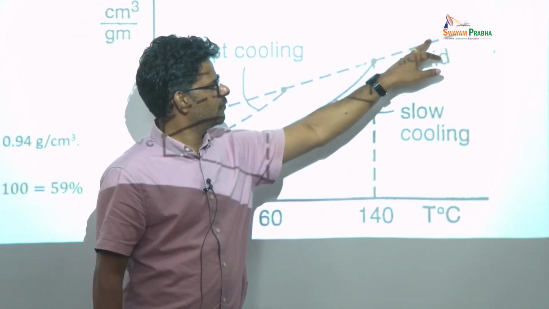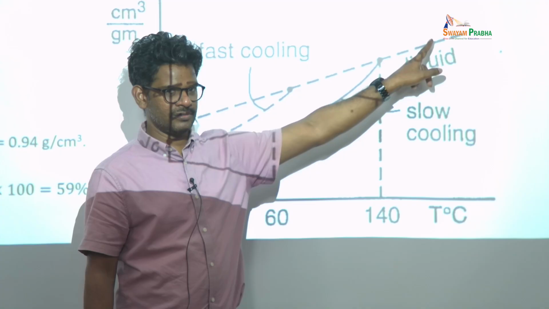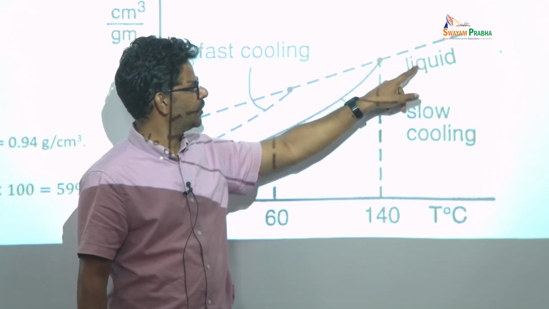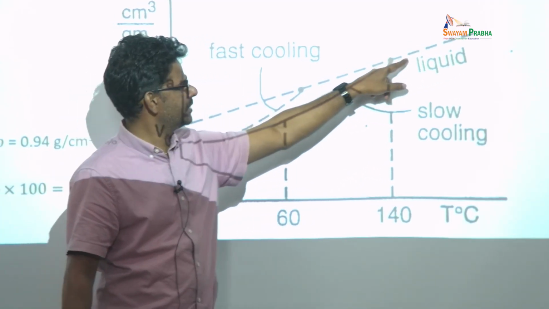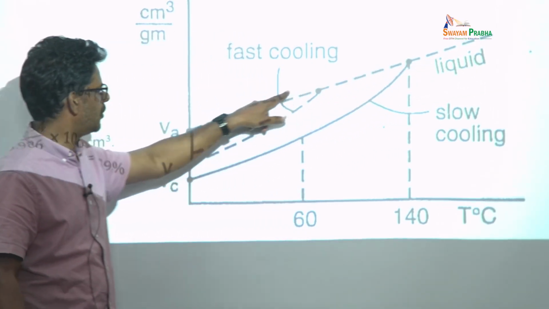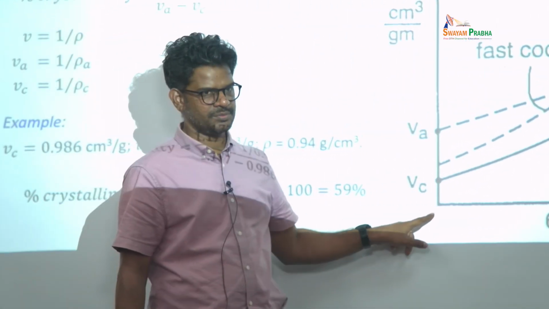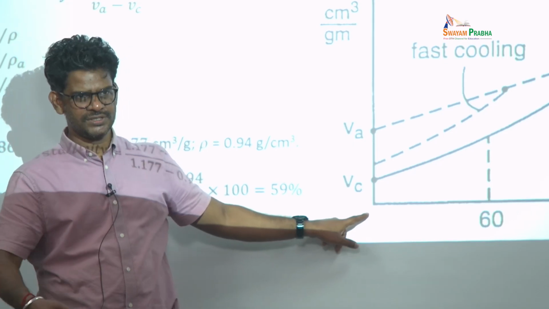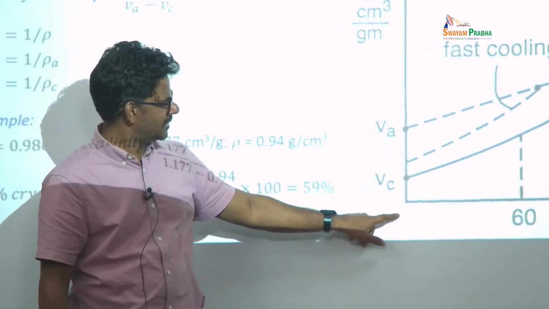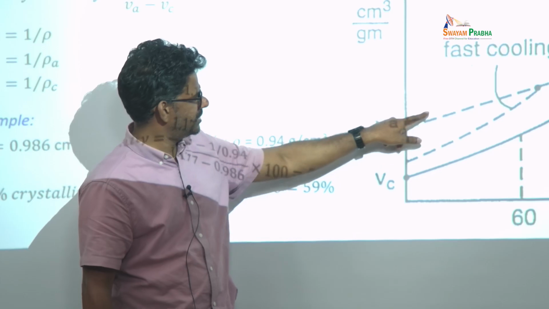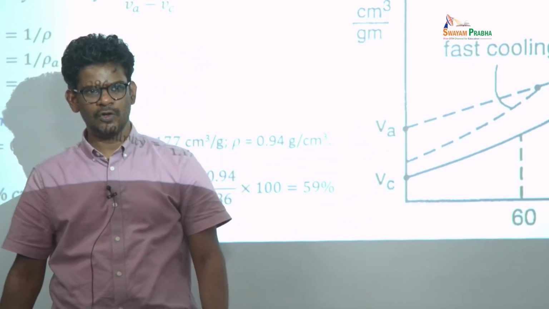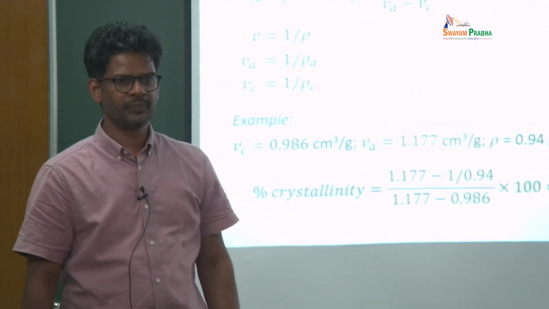These are all specific volumes measured at temperatures above the melting temperature. So what you do, you draw an extrapolated line, a straight line all the way here, and if this is my measured temperature, the temperature at which I want to calculate the crystallinity, you extend this line and get the specific volume of the amorphous polymer.